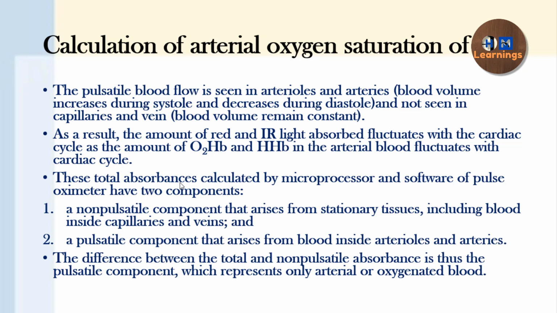The algorithm in the pulse oximeter subtracts the non-pulsatile component and gives us only the SpO2 of the pulsatile component. So I hope you understand how the pulse oximeter comes to understand that this is the pulsatile component: through the fluctuations in the absorbance of the red and the infrared light.